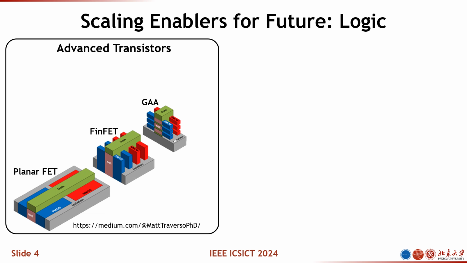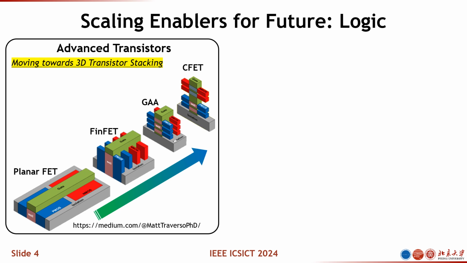So let's first talk about the logic scaling for the advanced logic. Actually, there are two clear trends. The first one is the advanced transistor. So basically, we are evolving from the planar to the FinFET to GAA and to the stacked transistor or CFET. So you can see in the advanced transistor part, we are moving towards 3D transistor stacking.